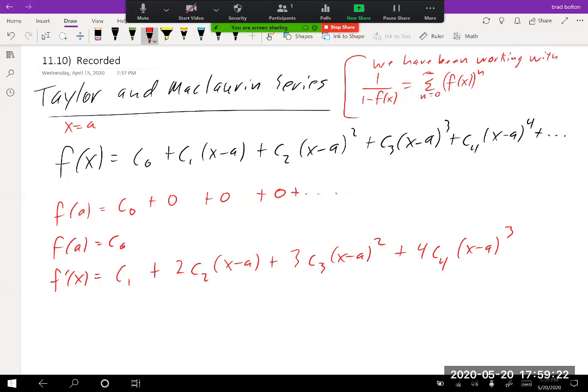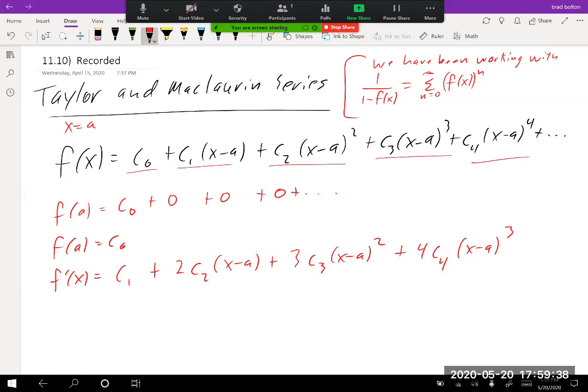I just took the derivative of each term: that would be 0, c sub 1, 2 times c sub 2. Take the power, put it in front, and reduce the power by 1. The derivative of the inside is just 1, because each one is x minus the constant a.